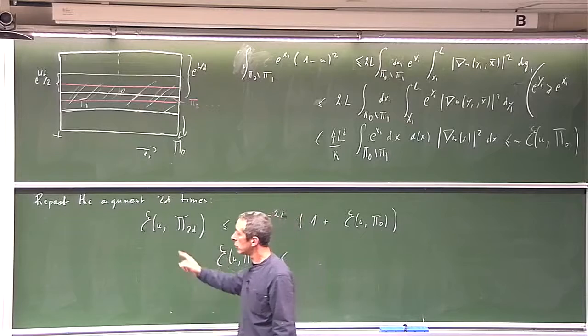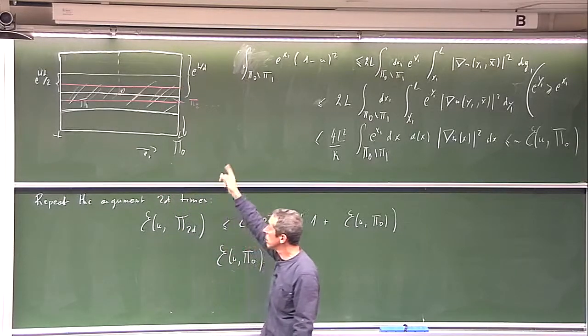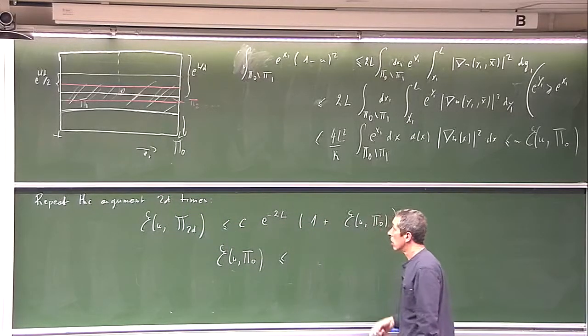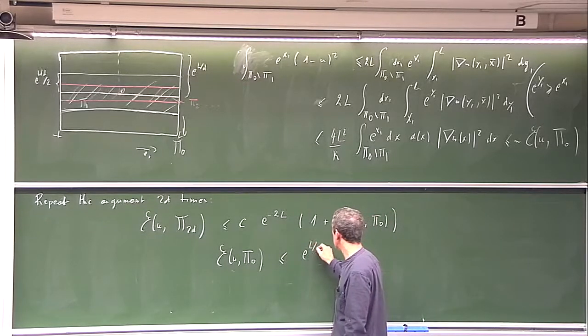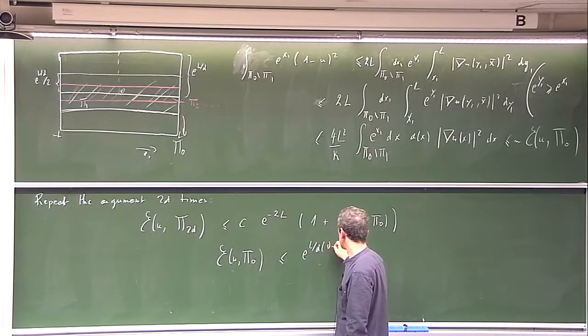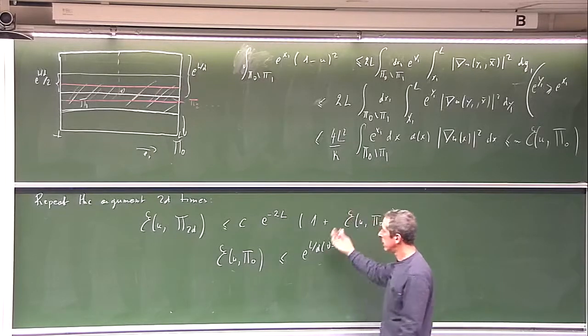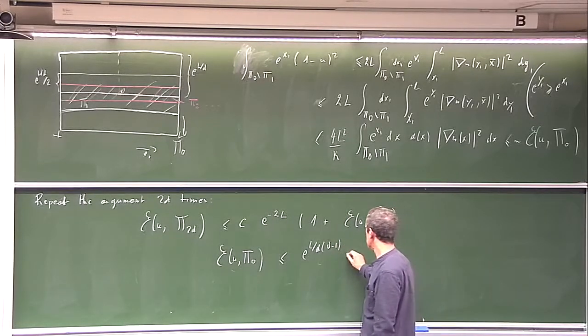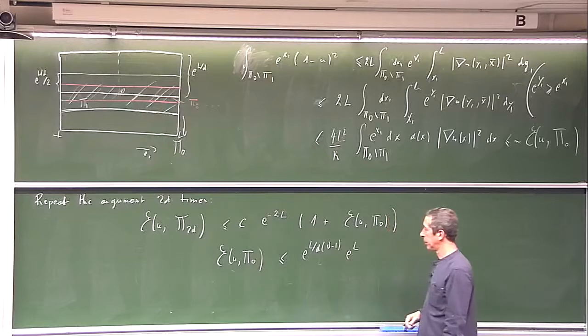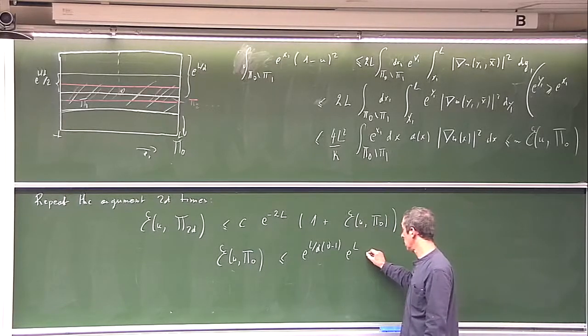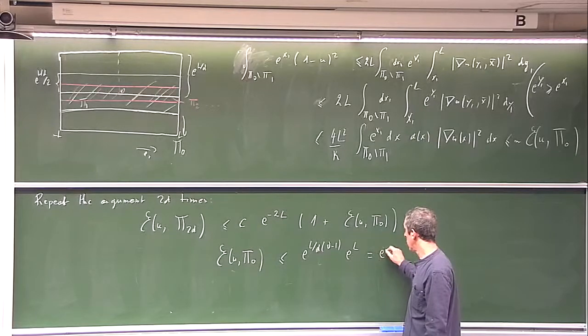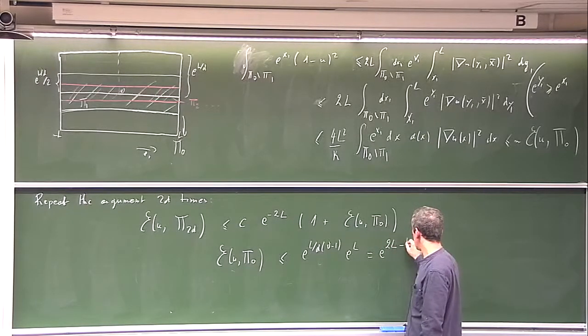The volume computed with respect to the function which has an exponential growth. So what we have in the orthogonal direction is exponential L to the d, to the power d minus 1. And what we have in the x1 direction is exponential L. Okay? So that's exponential 2L minus L over d.